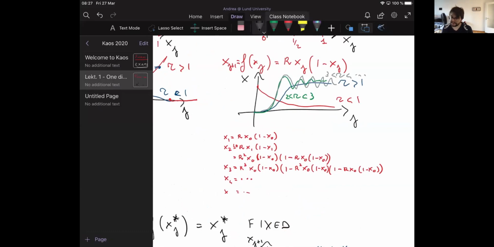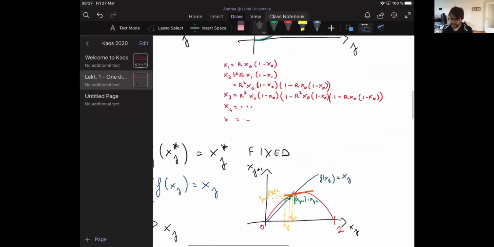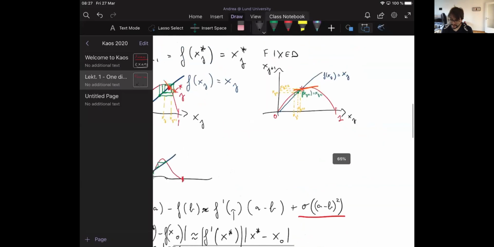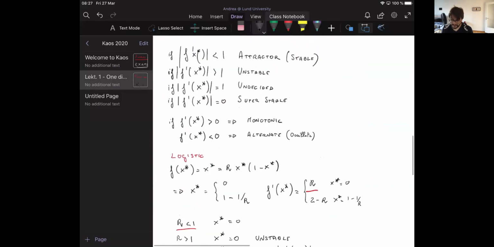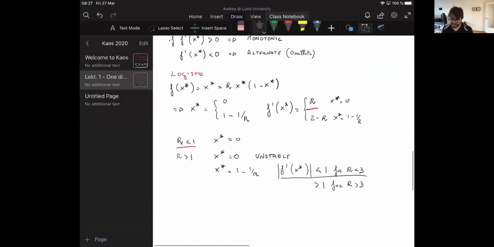So if I increase R to be greater than 3, I don't have a fixed point in the first return map anymore, because then the fixed point gets to a value larger than 1, and therefore gets outside of our map.